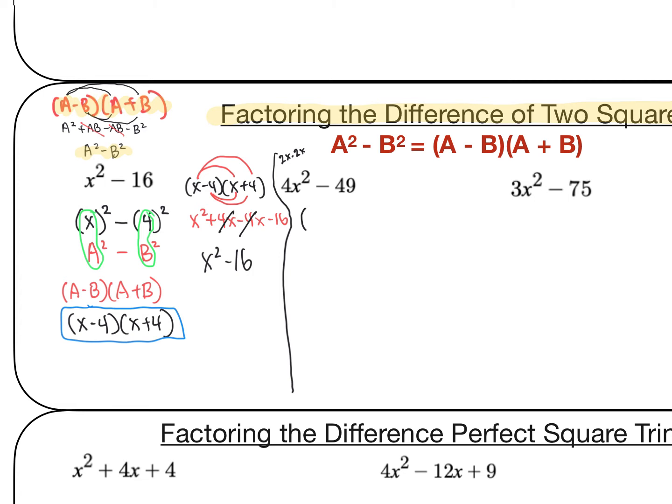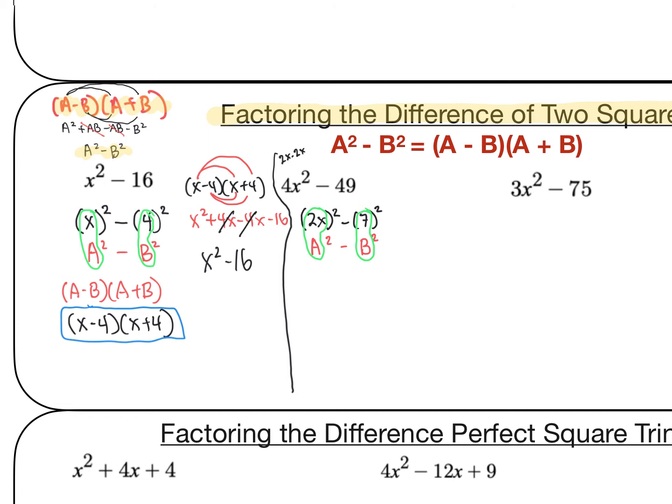I can visualize that being 2x times 2x, right? 2 times 2 is 4, x times x is x squared, so I can write that as 2x squared minus 49, which I know 49 is a perfect square of 7. And now I have my a squared and b squared, and I'm going to say that a is 2x and b is 7.